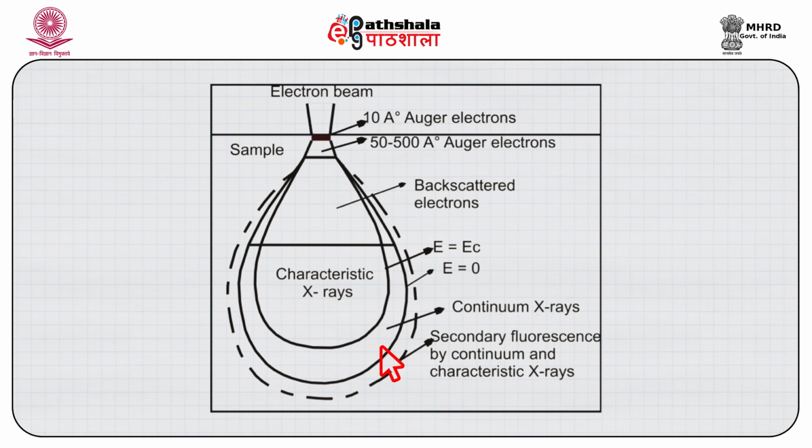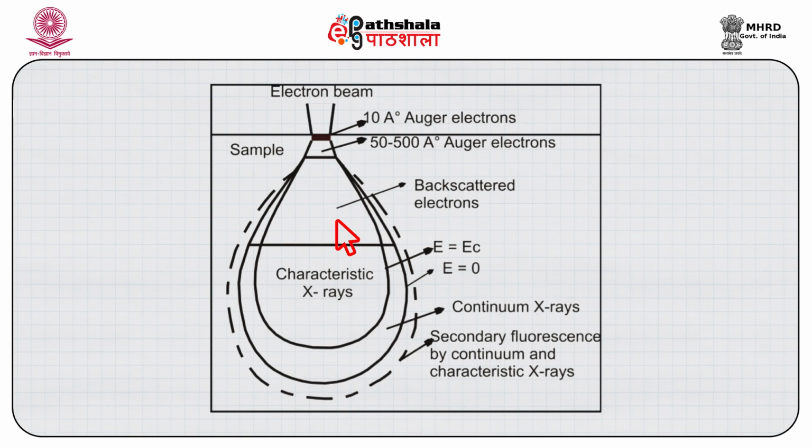Now, in this diagram we can look at which part of the interaction volume which effects come from. As you can see, this is the surface where the electron beam is impinging on the material. The characteristic X-rays are produced as a result of the inelastic scattering. So, they come from the lower half of the interaction volume.